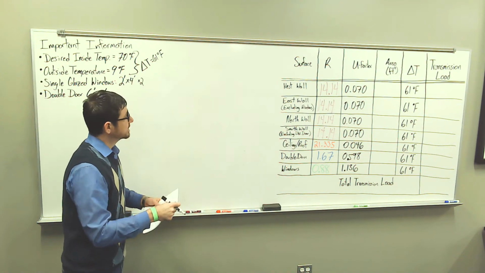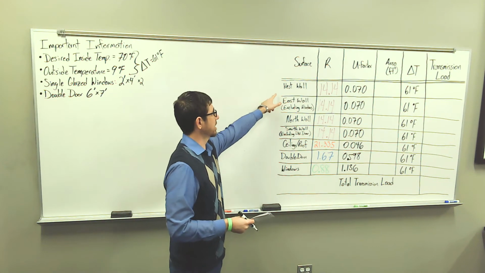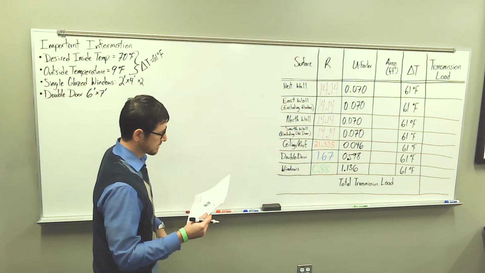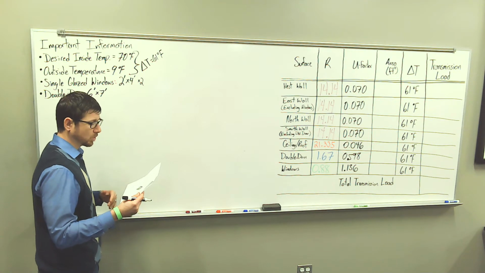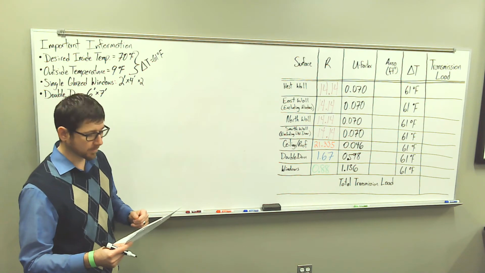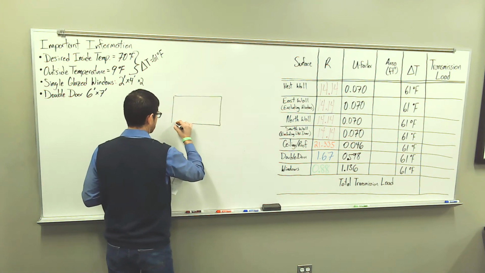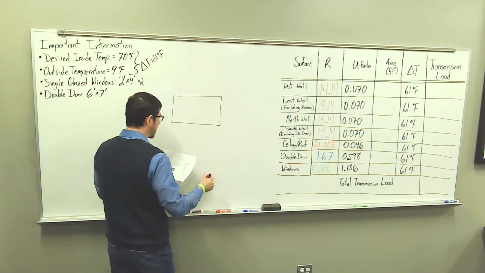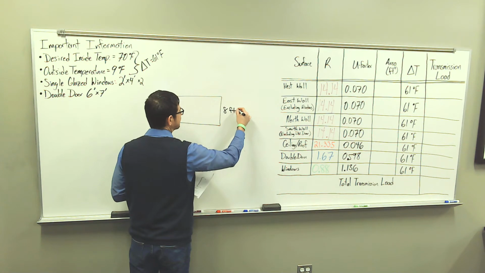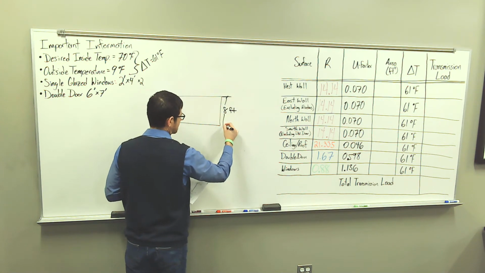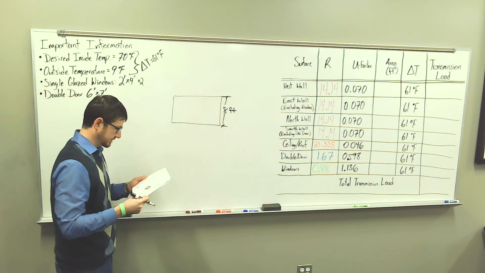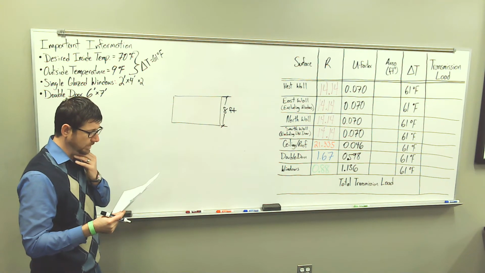Okay, so let's calculate the area of the west wall first. The west wall elevation is in the upper right-hand corner. We have an overall height of 8 feet. And we have an overall width.